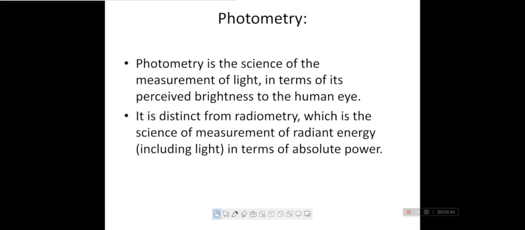The first technique that we study in this video is photometry. Photometry is the science of the measurement of light in terms of its perceived brightness to the human eye.